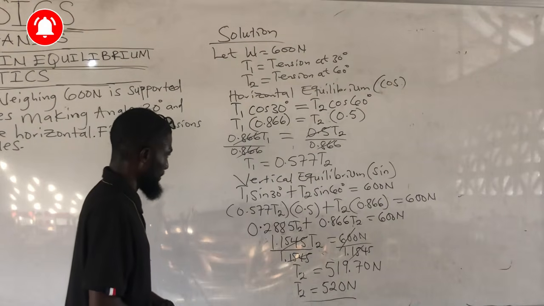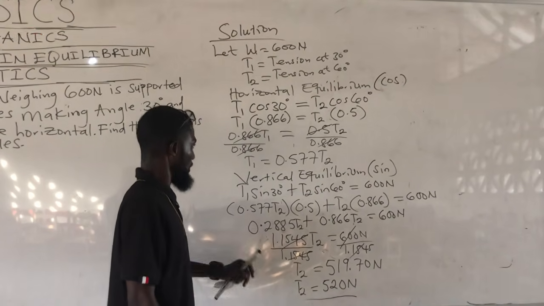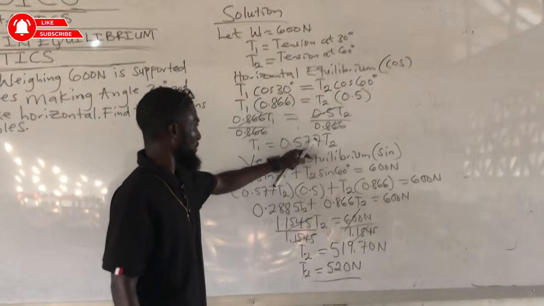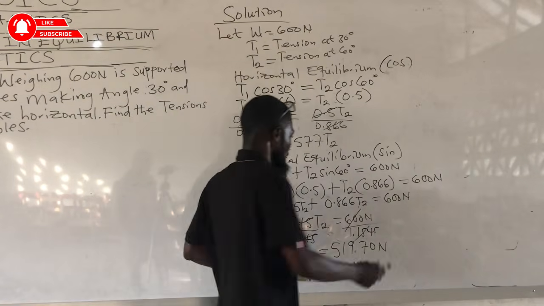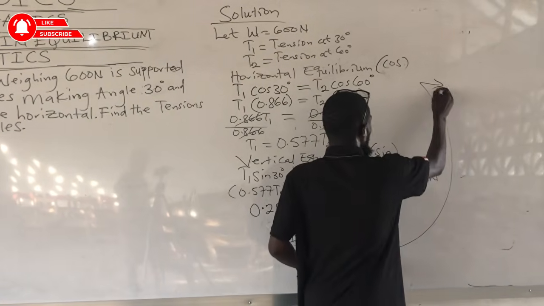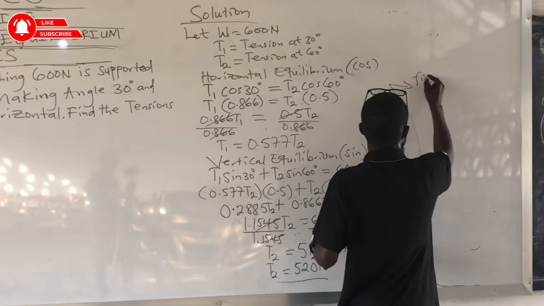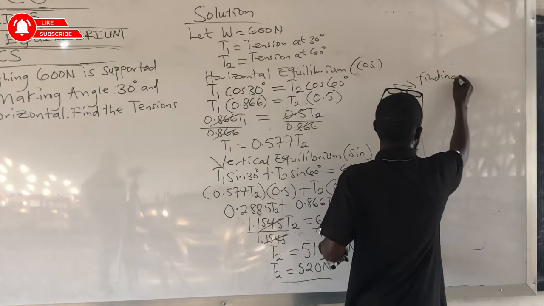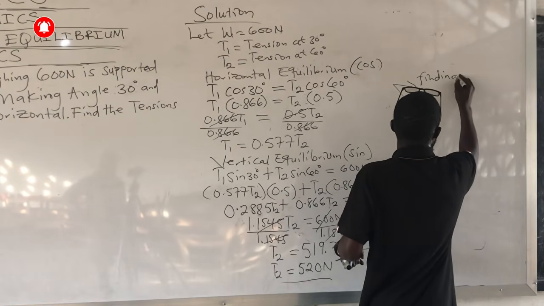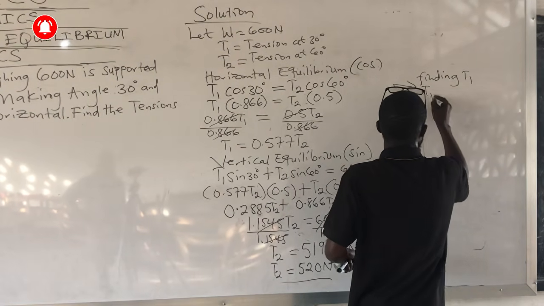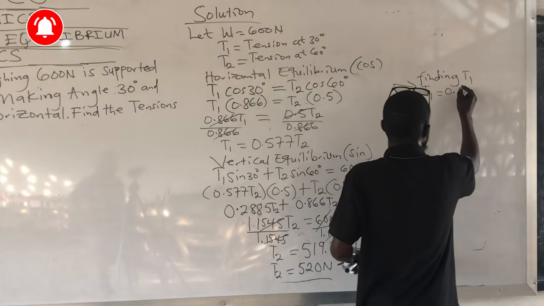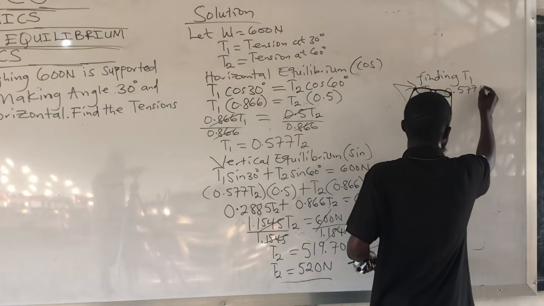However, ladies and gentlemen, we already have the T2 number. We'll be using it to multiply by the number of T1 in order to get our exact value for T1. We say, finally, T1 will be equal to 0.577 T2.